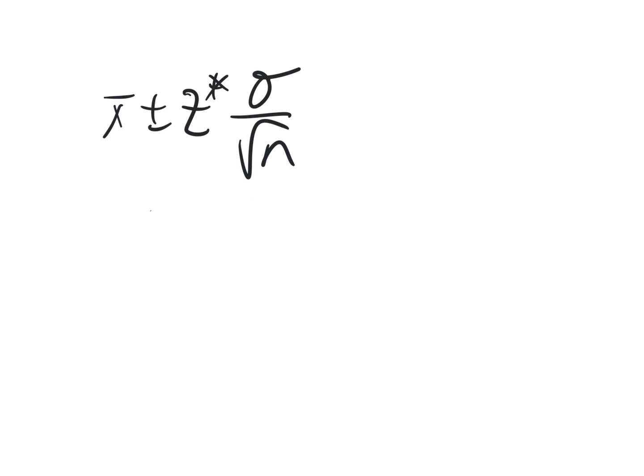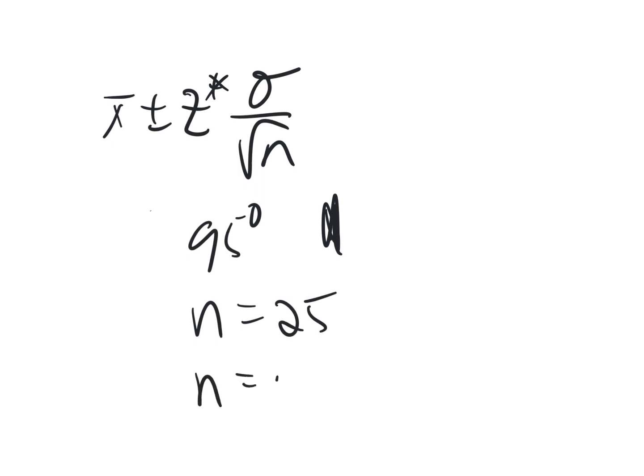So let's say I've got a 95% confidence interval, and a standard deviation of 1, and a sample size of 25, or then 100. Suppose we get these two samples. What's going to change about this?